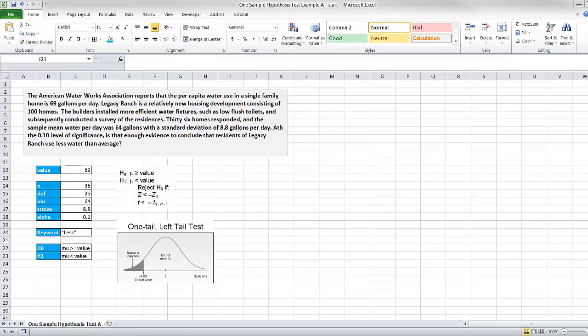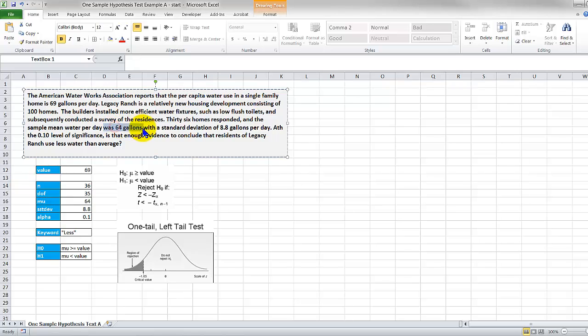Okay, now we do in fact need to make a decision if we're using a Z or a T. Now I'll tell you, there's nothing in this problem that states that we know the population. In fact, we were told that the sample mean was 64 gallons. We weren't told it was the population mean. We were told that it was a sample mean.